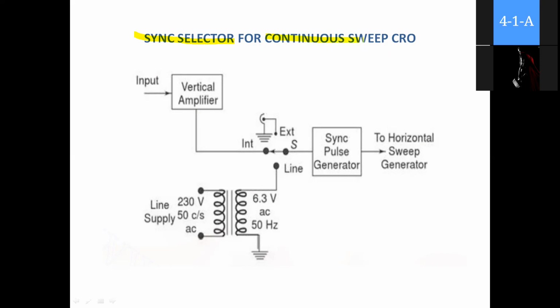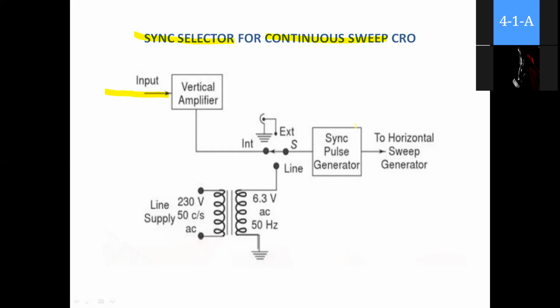If the input of the CRO is a periodic waveform, then we use a continuous sweep type horizontal deflection system. So if the input is a periodic waveform, the sync selector is like this. Look here, the input is given to the vertical amplifier, and the vertical amplifier output is given to the sync pulse generator.